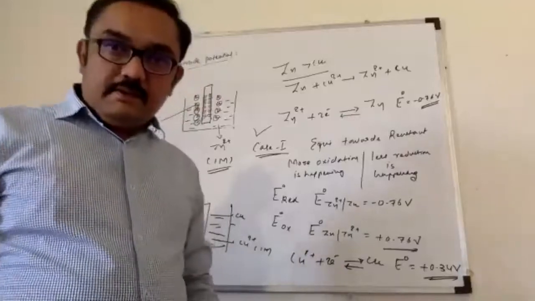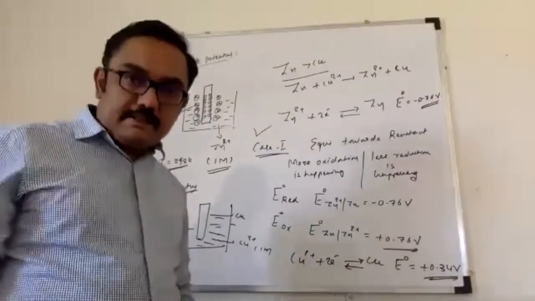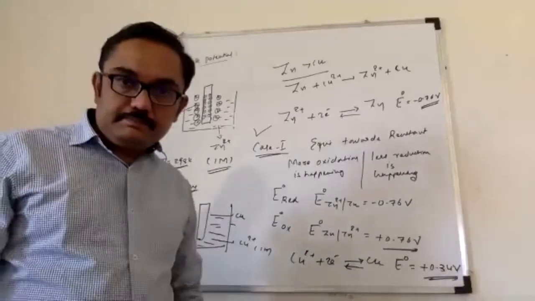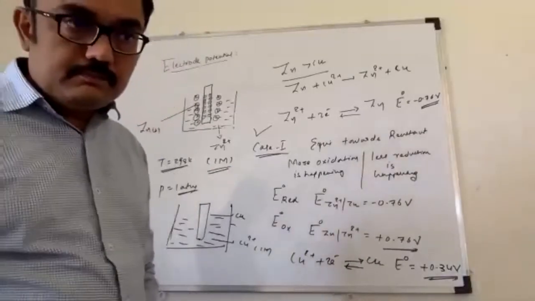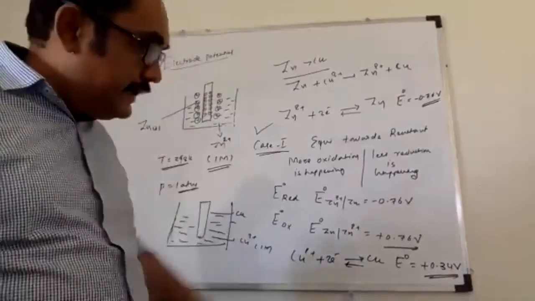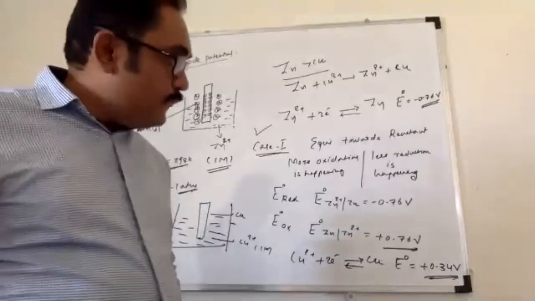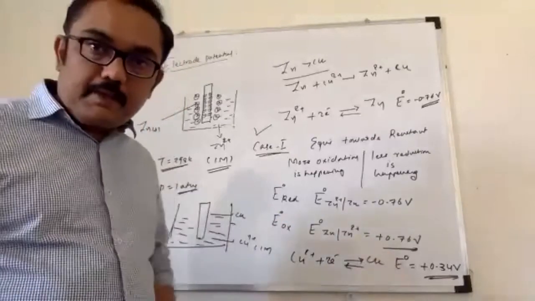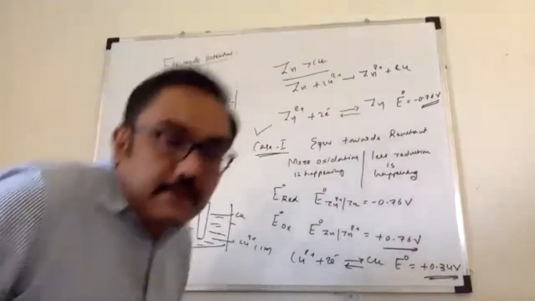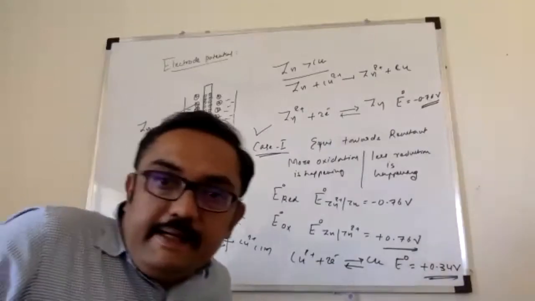and is a better reducing agent or good reducing agent. And if the standard reduction potential is positive, like we have seen in the case of the copper, the metal is less reactive.